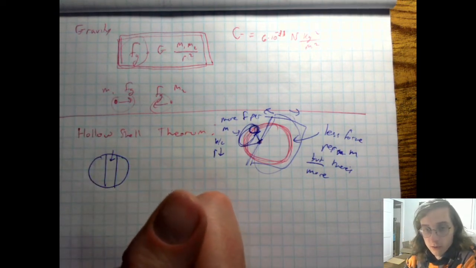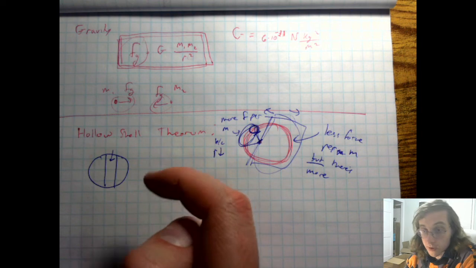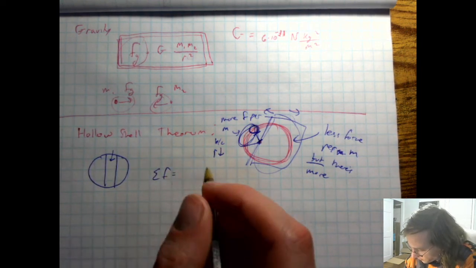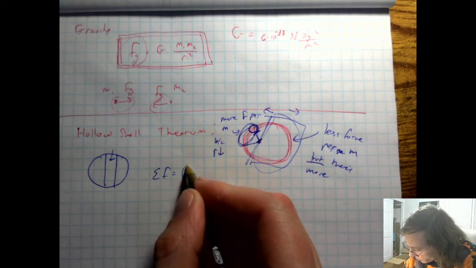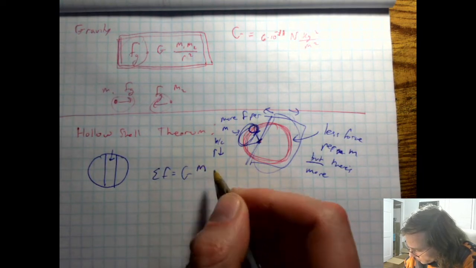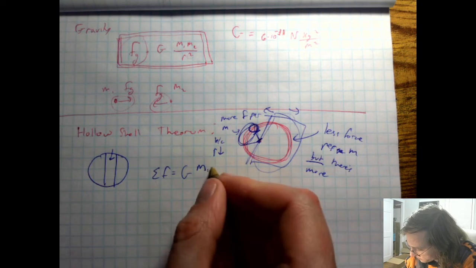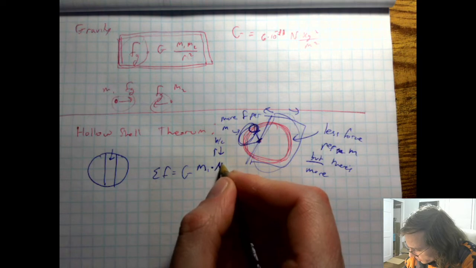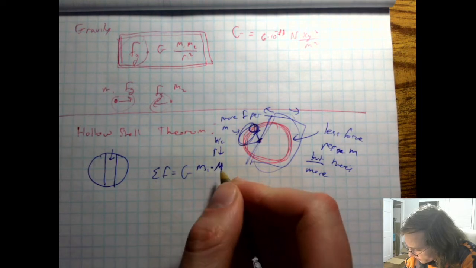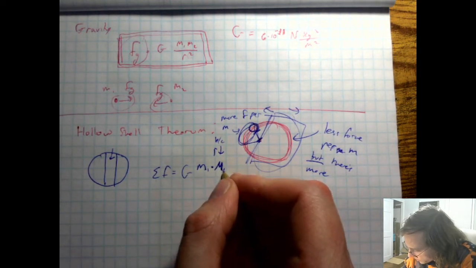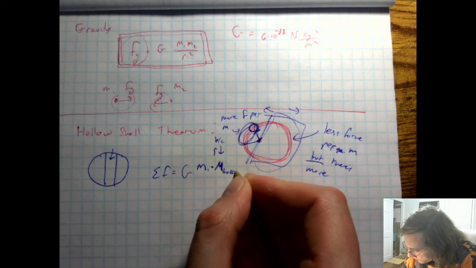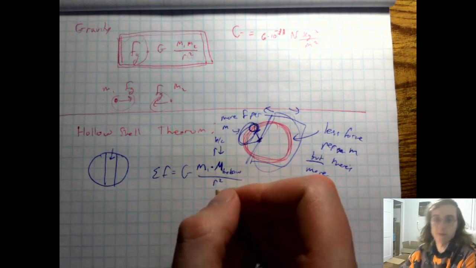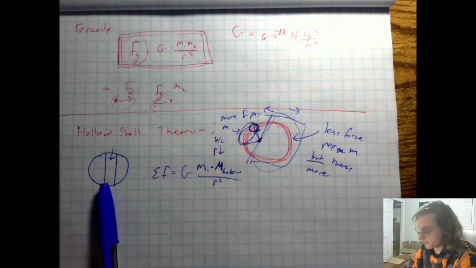then what we could do is think about what's causing our force of gravity. Well, our net force is gravity. So capital G, our mass times the mass of the Earth that is below us, divided by where we are compared to the center of the Earth squared.